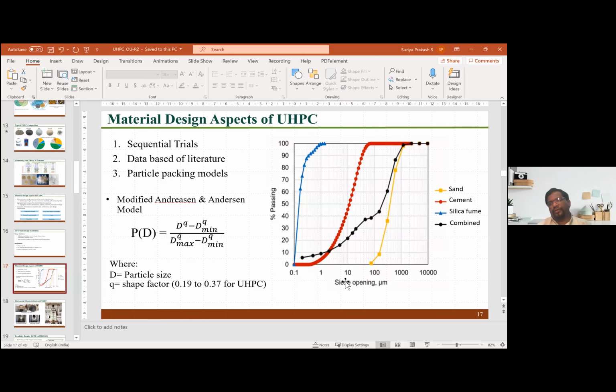But we want to limit the size of the aggregate. If you go for larger aggregate, you will lose flowability, because you're using a lot of cement and fibers. So we want to be careful about the aggregate size.